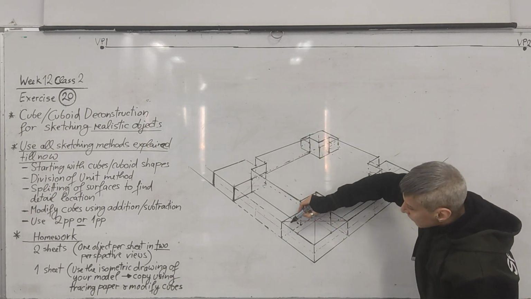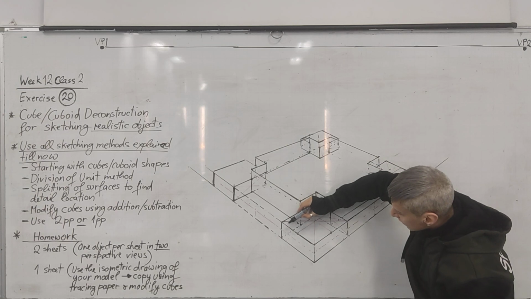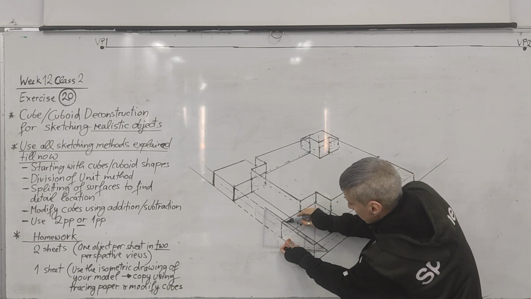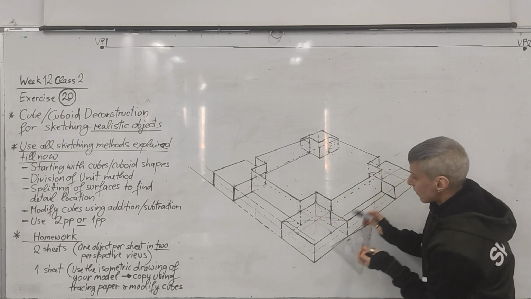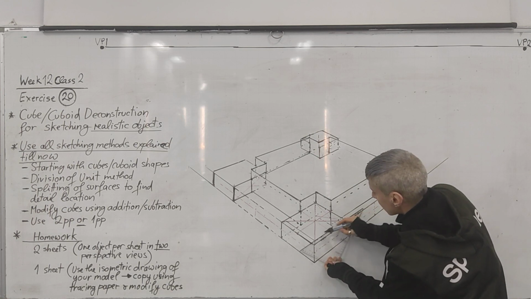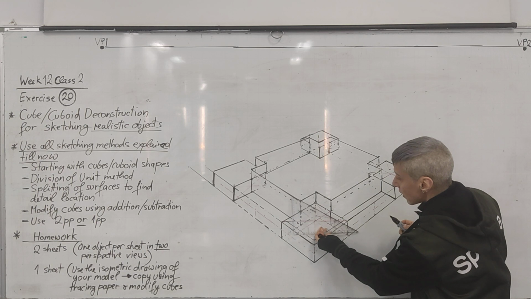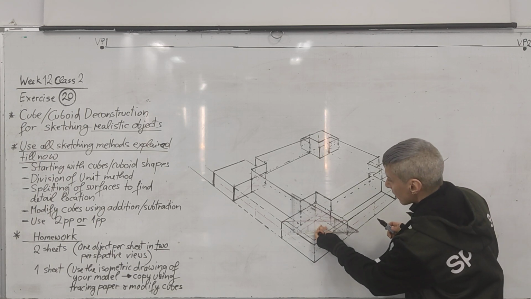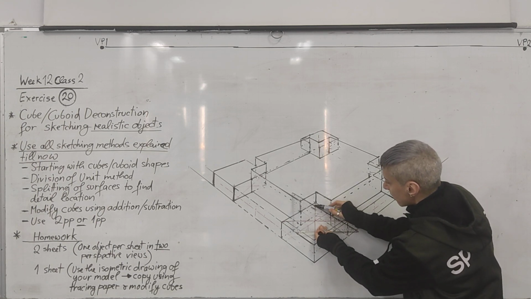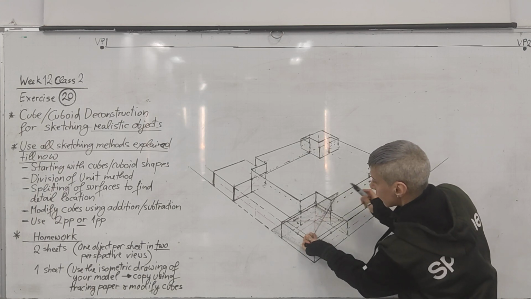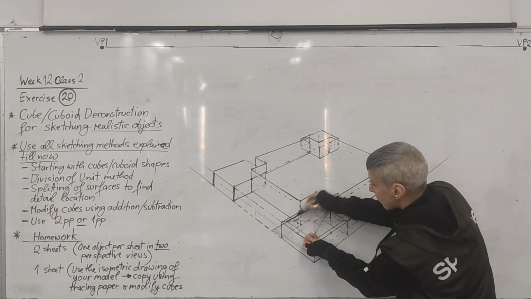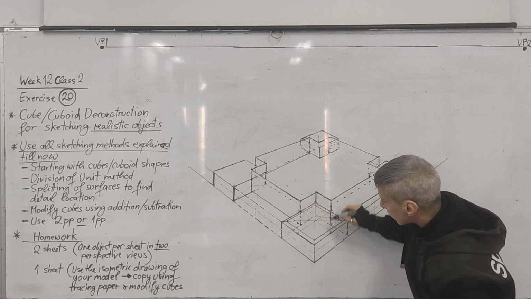Now this thickness of this surface, this is free. Again, I choose if I want it thicker, thinner. Okay. Maybe like this. And of course, these lines go to the vanishing points. Okay. Now I will draw the circle.